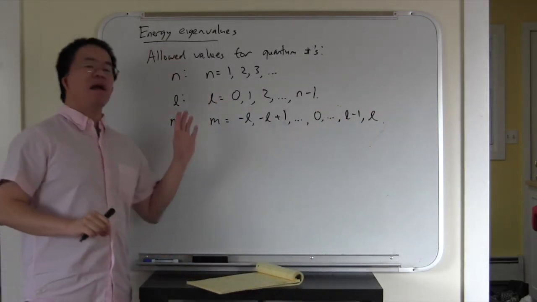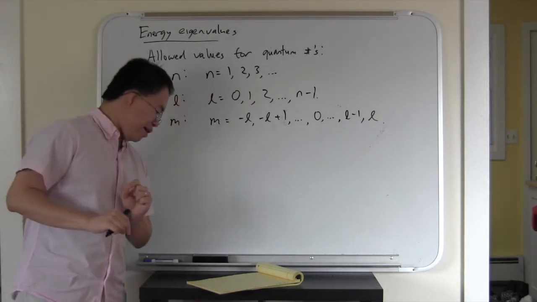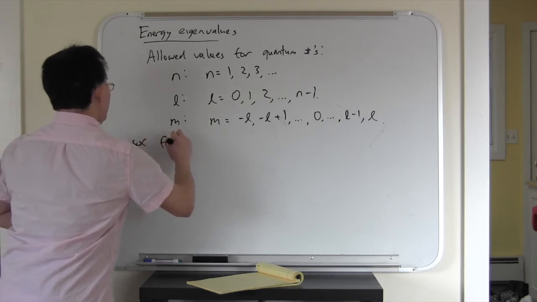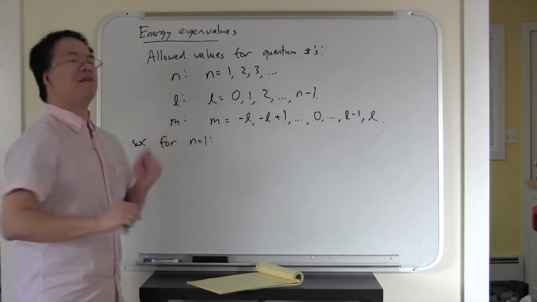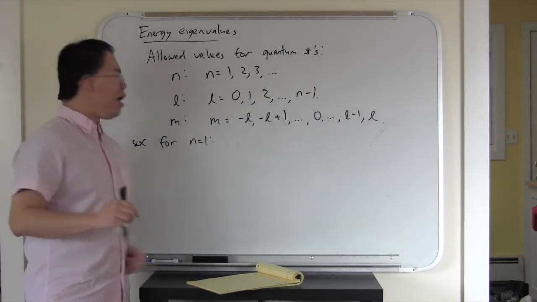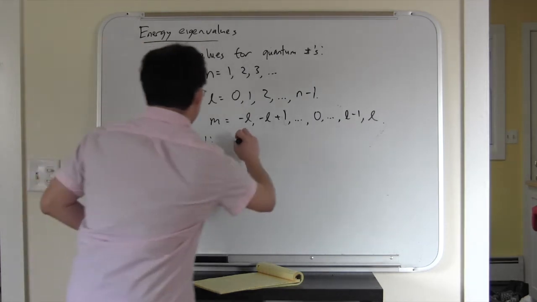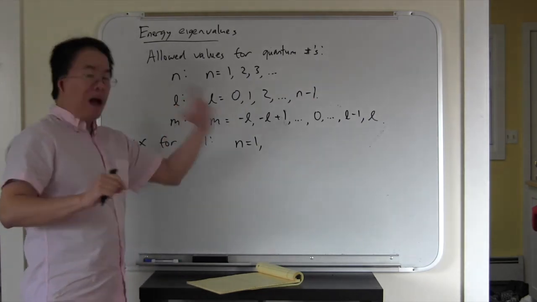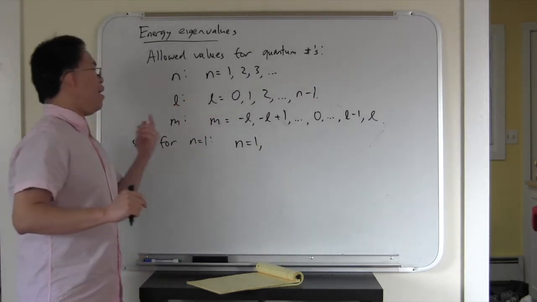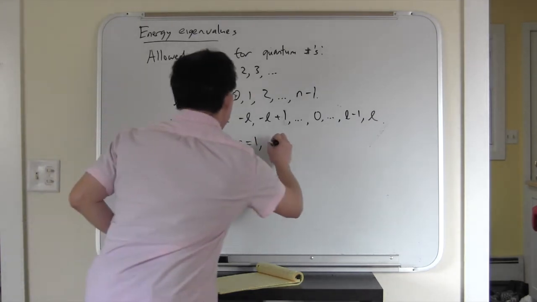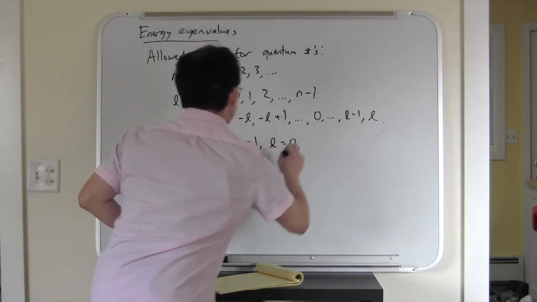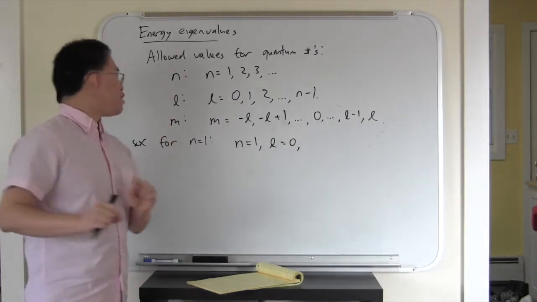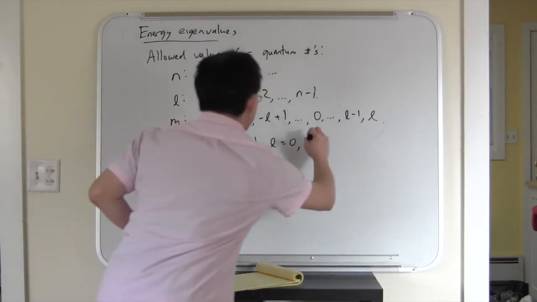So let's make this clear with an example. For n equals 1, the allowed states we can have are n equals 1, and because L only goes up to n minus 1, L stops at 0 here, and because L can only go up to 0, there's only one possible value for m, namely 0.